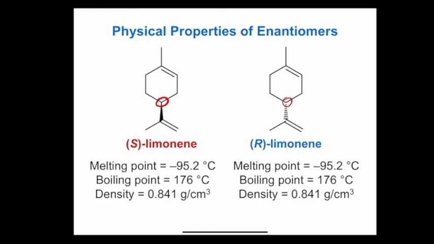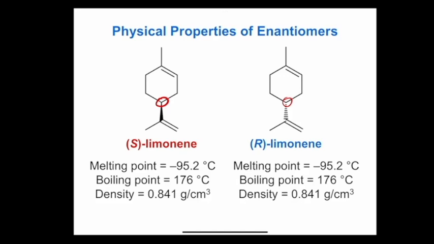If you look at the two, melting point. The melting point of S-limonene is minus 95 degrees. The melting point of R-limonene, minus 95 degrees. Melting point is not a chiral property. It's talking about how molecules like to melt down, or how they interact with themselves. So there's no difference. The melting point of these two enantiomers does not change.